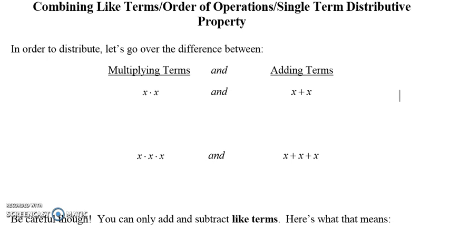All right, so in order to distribute, let's go over the difference between these two things. X times x, this is x squared. What you basically do is you're going to add the exponents. I'm going to abbreviate. Add the exponents. There's a 1 on both of those. But if you look at x plus x, you add the coefficients.